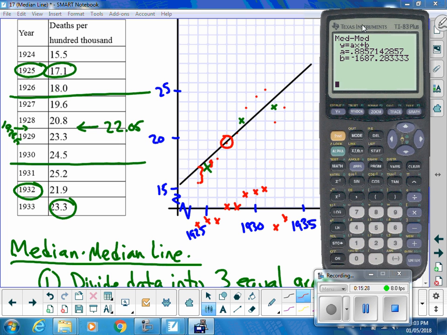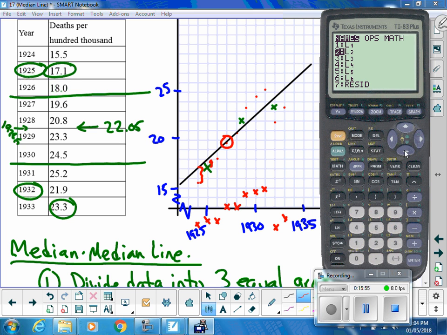To do the residual plot, I'm going to go back into my data, so we'll go into stat and then edit. I'm going to scroll over to L3, and then I believe I have to go into list, so second and stat.